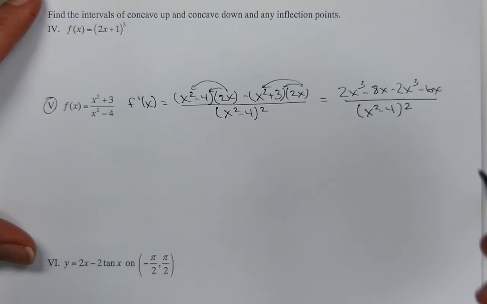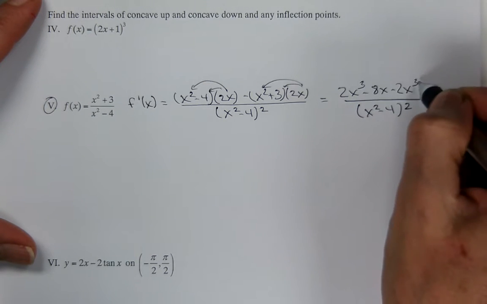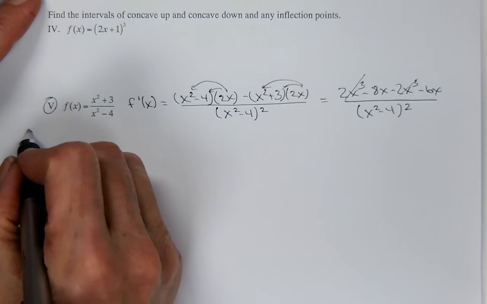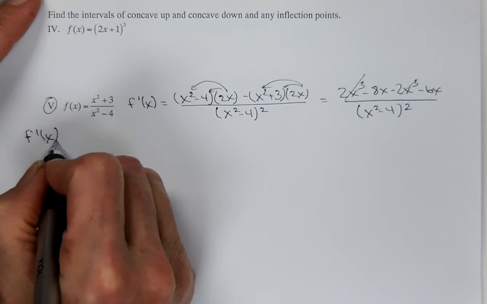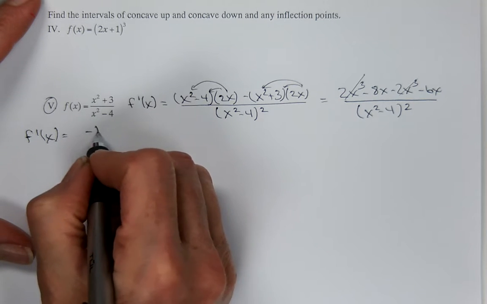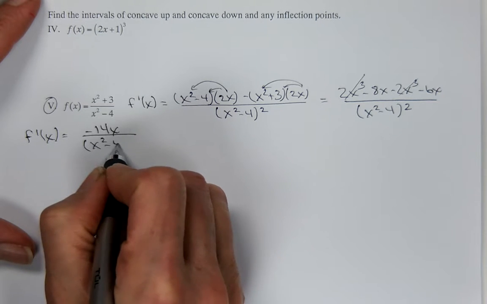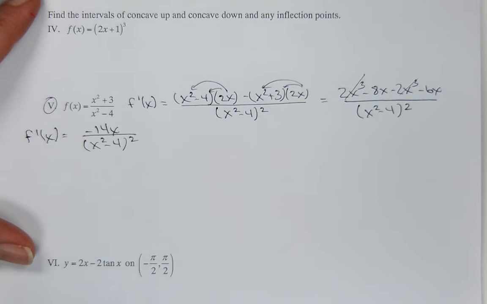And then we can combine like terms. That 2x cubes are opposites, which is wonderful, and they're gone. And so we have f prime of x is equal to negative 14x over x squared minus 4 quantity squared. And from there we'll get the second derivative.